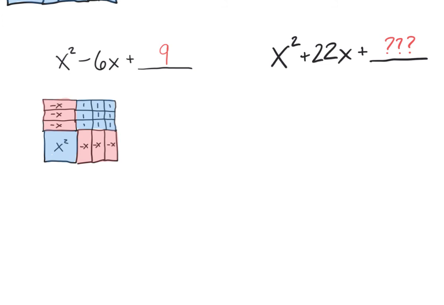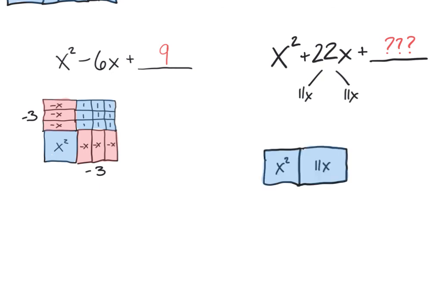So notice that the negative 6 got split in half. 3 of my negative x's ended up on the right side of my x squared, and 3 of my negative x's ended up on top of the x squared. That same thing will happen with the 22 x's in this expression. Half of them, so 11 x's, will end up to the right of the x squared, and the other 11 x's will end up on top of the x squared.